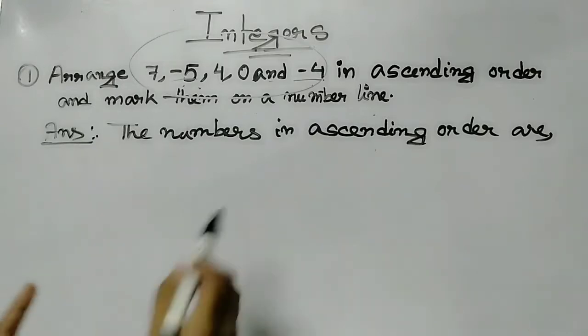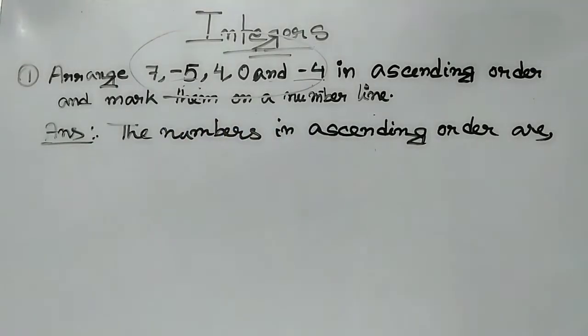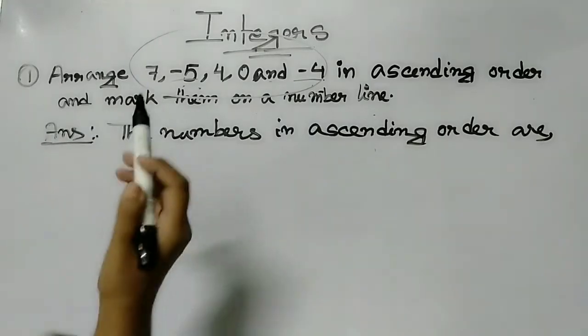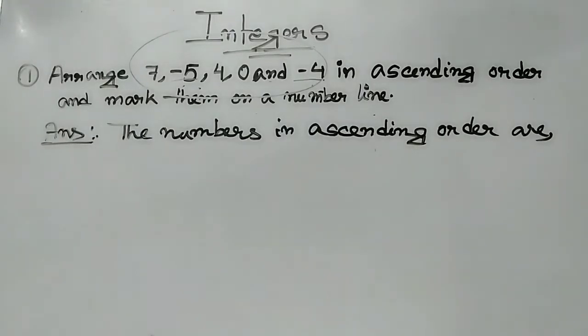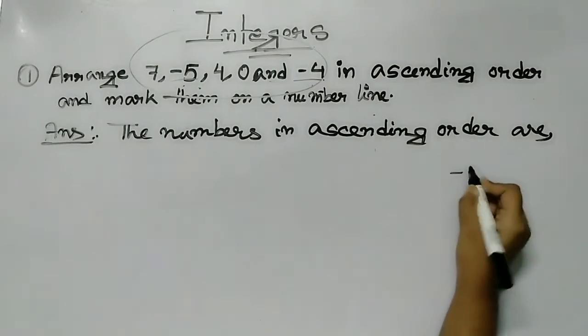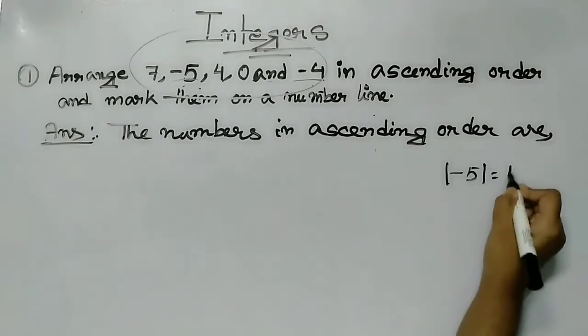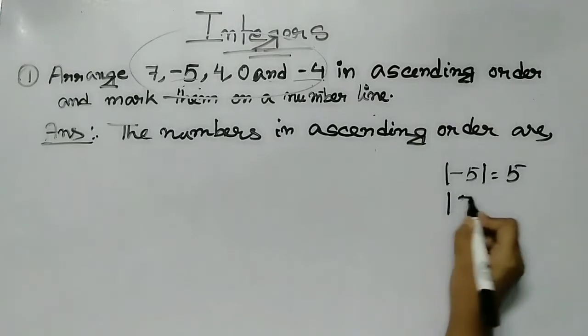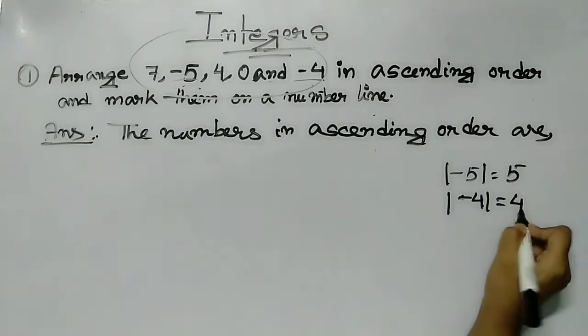So, here two negative integers are given, minus 5 and minus 4. So, what negative integer, minus 5 or minus 4, is the smallest? So, we have to check the absolute value of these two negative integers. So, the absolute value of minus 5 is 5 and the absolute value of minus 4 is 4.